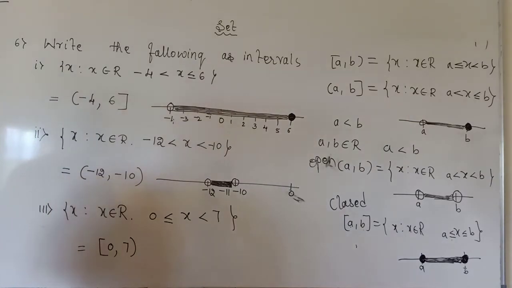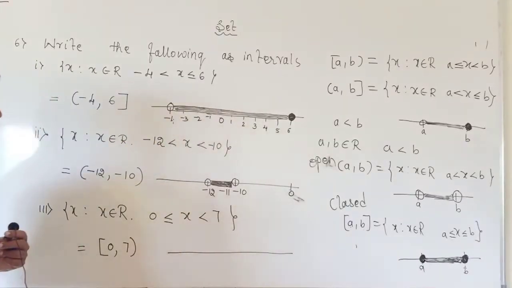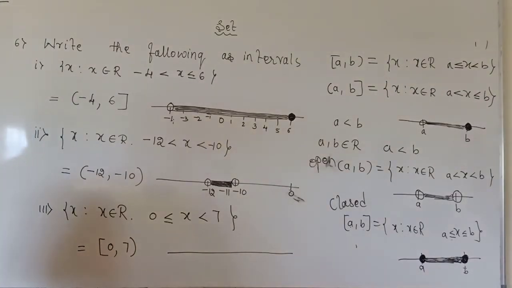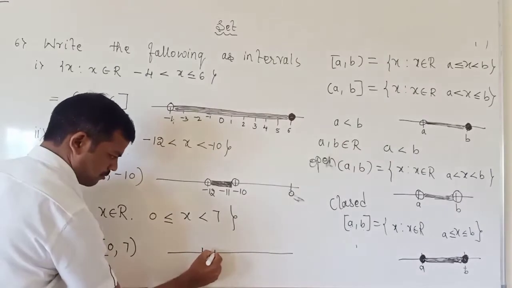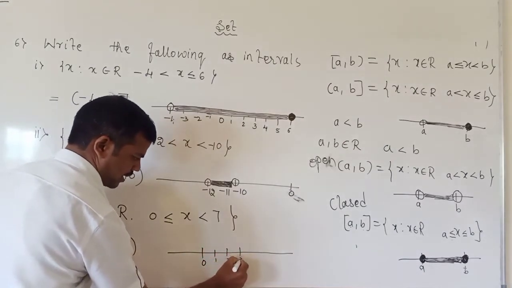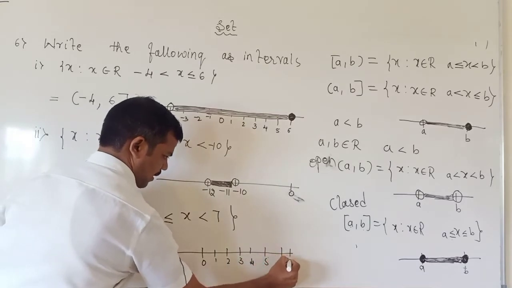So next we come to the diagrammatical representation. Let us see, from 0 to 7. Here we have 0, 1, 2, 3, 4, 5, 6, 7.